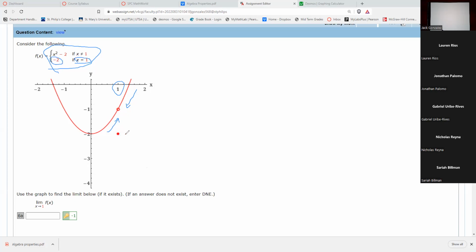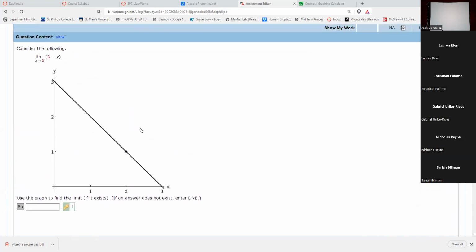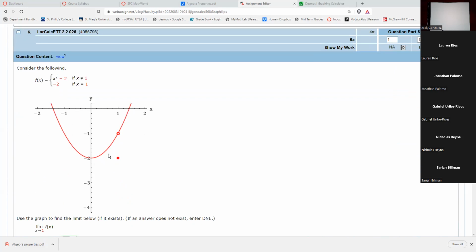It's over here. So in this case, the functional value is not the same as the limit. Like on the last one, remember how it was the same? Plugging in 2 gave me a 1, but the limit was also 1. Over here, the limit is -1, but plugging in 1 gets me a -2.